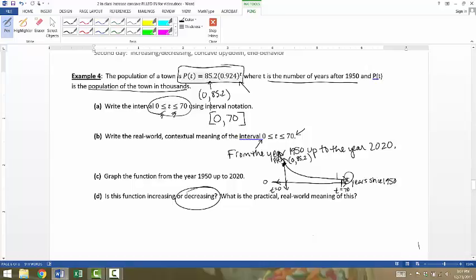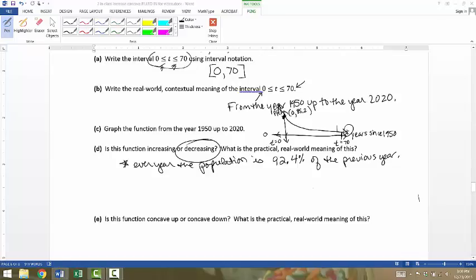And the real world meaning of this, so I'm going to write this in two ways. The factor is 0.924. That literally means every year the population is 92.4% of the previous year. Another way to interpret the real world meaning of this is to say it in terms of a percentage rate of decrease every year.